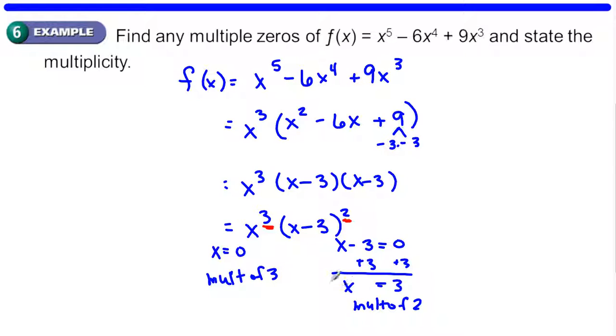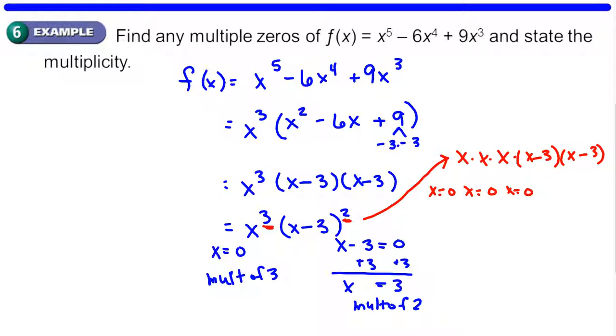Now, if this is confusing, you can expand that out so that you have x times x times x times x minus 3, x minus 3, and set each of these expressions, each of these terms equal to 0. So then you have x is 0, x is 0, x is 0, x minus 3 is 0, and x minus 3 is 0. So obviously you have 3 zeros at 0.